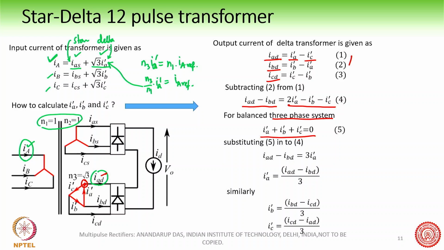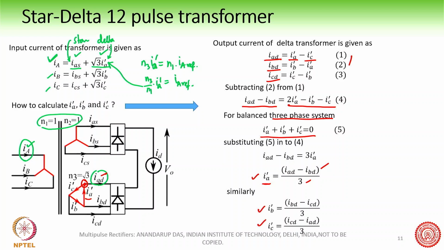And so substituting 5 into 4, what we get is that this current IA dash we are trying to find out is IAD minus IBD divided by 3. So basically we are expressing these currents IA dash with respect to the delta output currents. So we get IA dash, IB dash and IC dash.